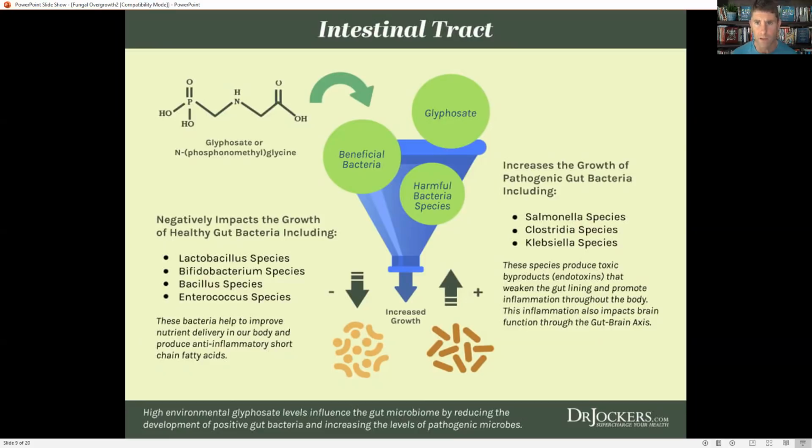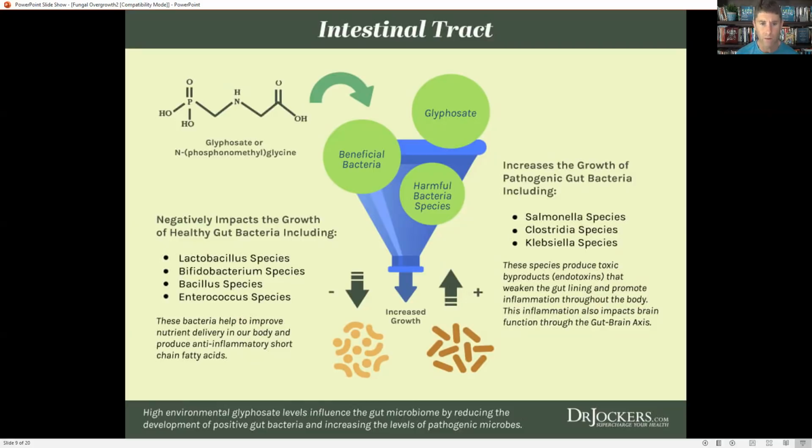Pesticides, particularly glyphosate, which we're going to have in high amounts if we're not looking to get organically grown produce and grass-fed organic animal products. And so glyphosate is going to cause significant issues with our microbiome. It negatively impacts good, healthy bacteria like Bacillus, Enterococcus, Bifidobacterium, and Lactobacillus.